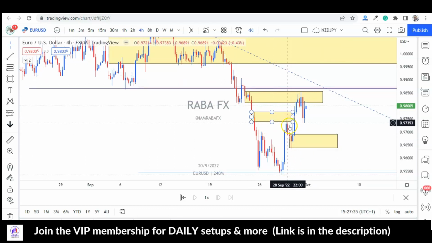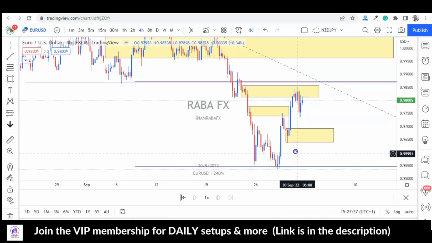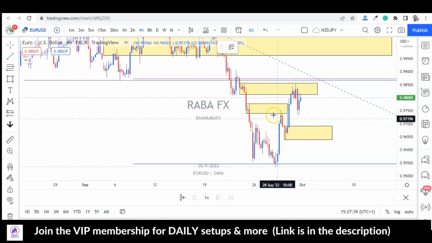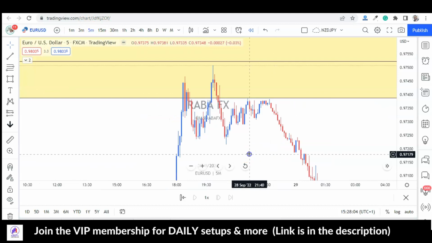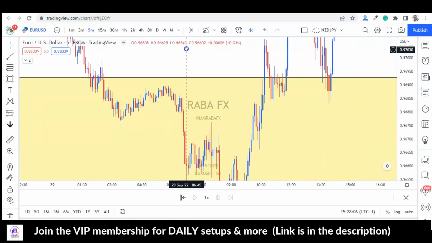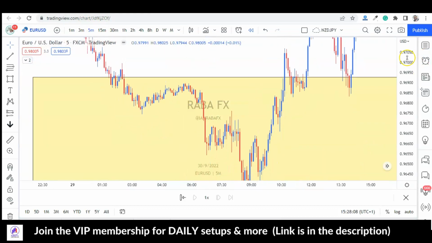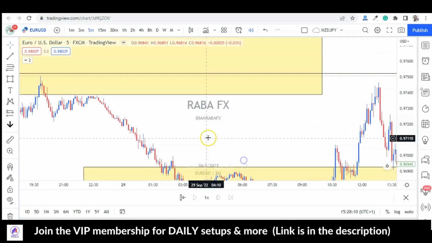Now price tapping here but failed to break the structure, so this makes this area here a weak low. So when price for any reason starts moving up, you don't need to continue selling here, because if you go to the 5 minutes, let's go to the 5 minutes here. Now in the 5 minutes, you can see we are trending.